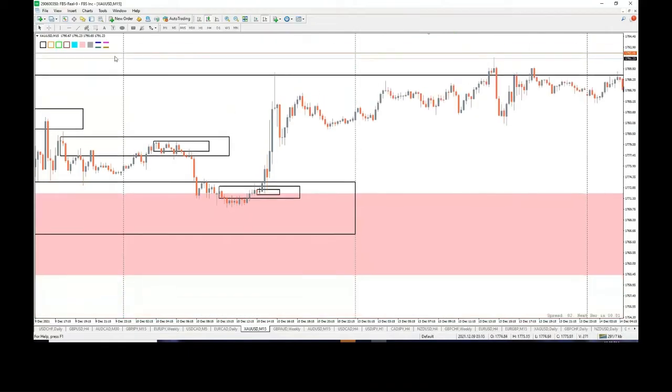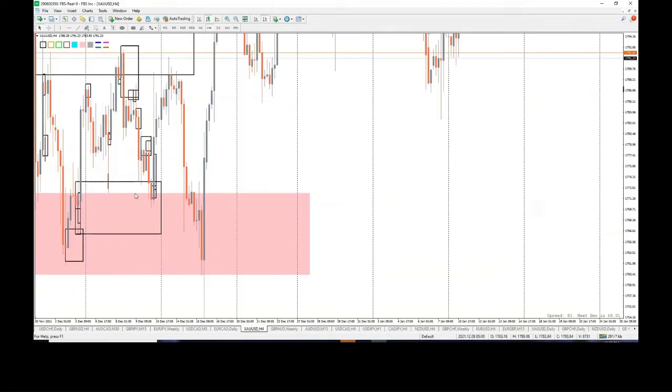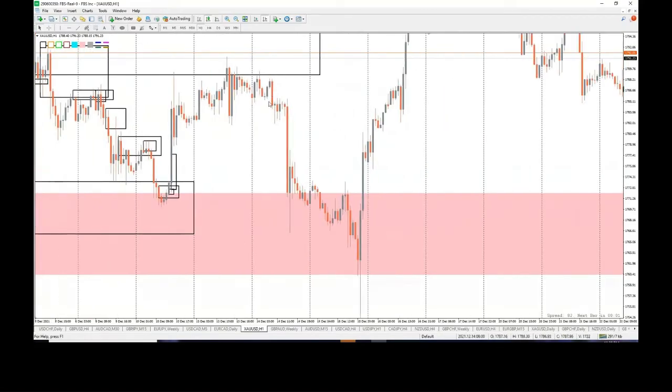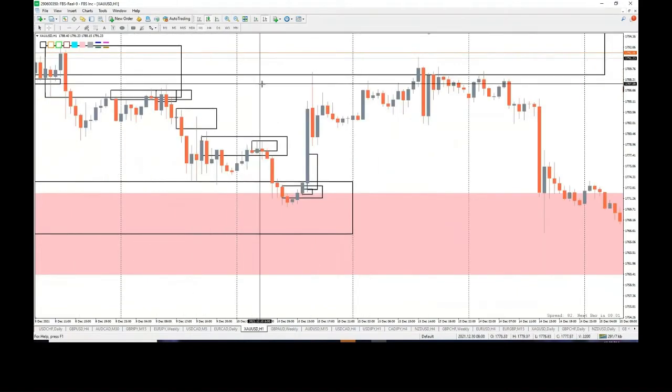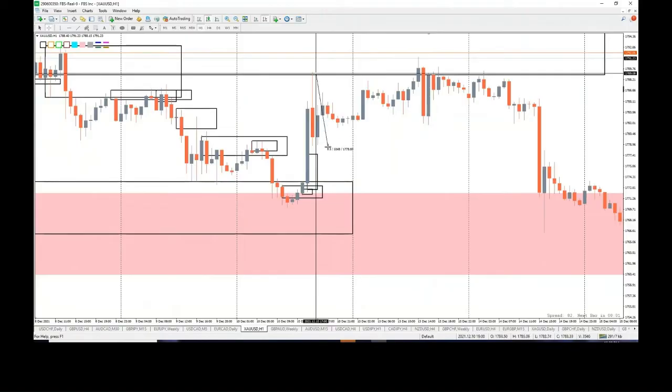This is your next entry, until the next H4 zone. You can go for a sell at this time, but this is not a good position, I think, because it's only for scalp. The price would have been going up so quick.